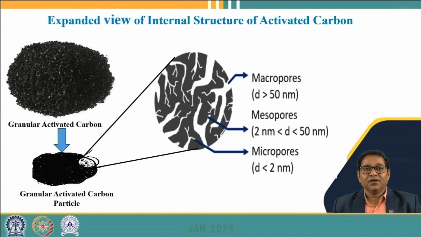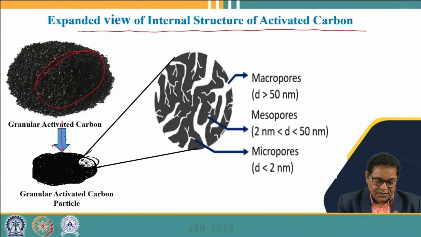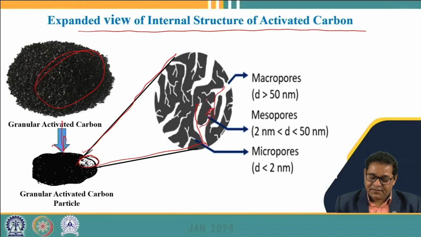And this is its chemical activation. So this is basically the expanded view of the internal structure of an adsorbent material like activated carbon. If we take a small piece of this and enlarge it further, we will see a number of pores, of different sizes, hair-size pores and comparatively bigger pores.